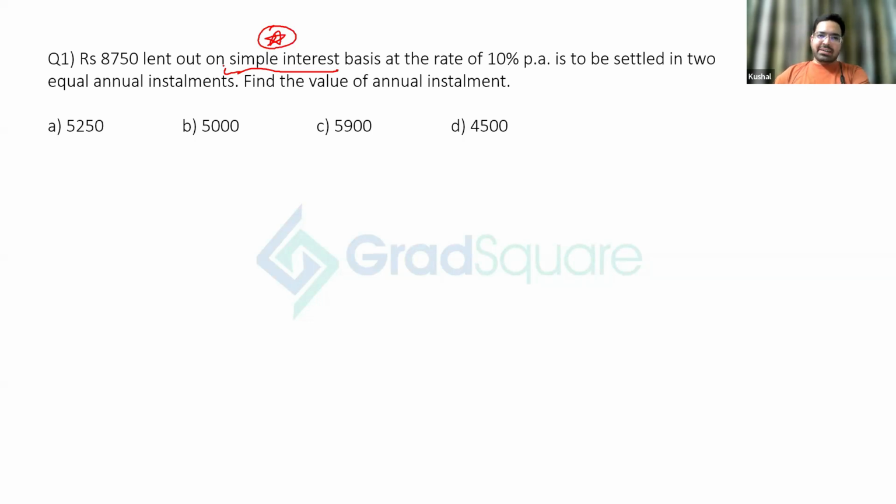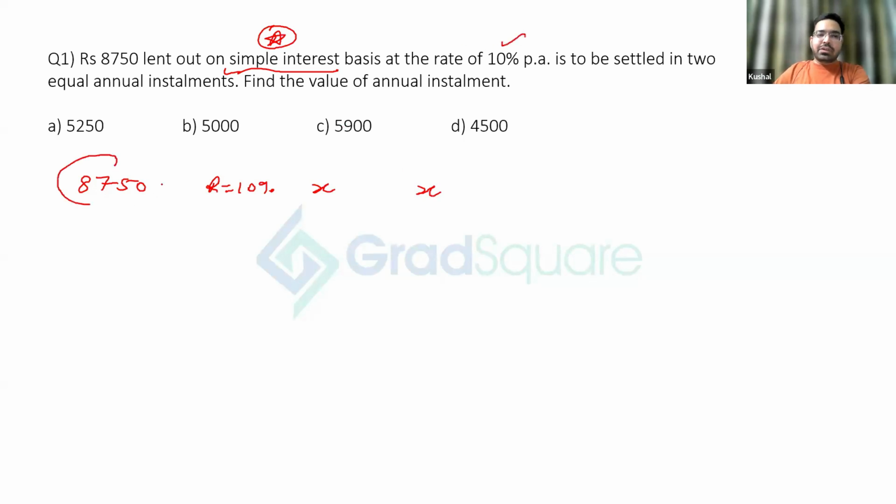Okay, let's have a look at this particular question and we will try to look at it from a perspective of simple interest. Now 8750 was lent out. Remember, this is not compound interest, this is simple interest. At a rate of 10% per annum, it is to be settled in two equal installments. So one installment is X and one installment is X. This is simple interest of 10%.